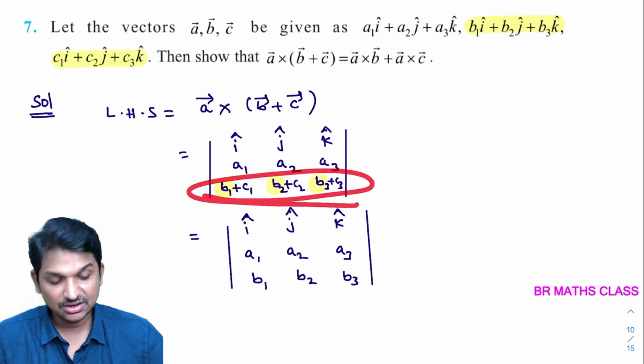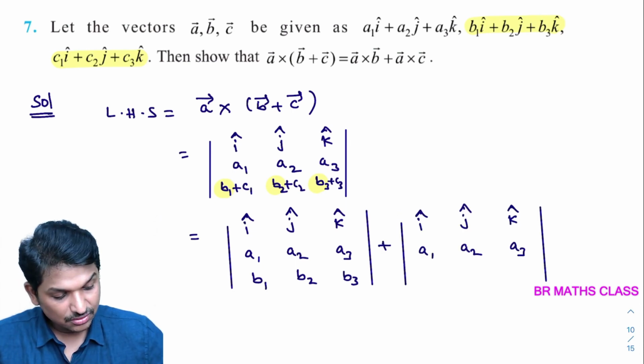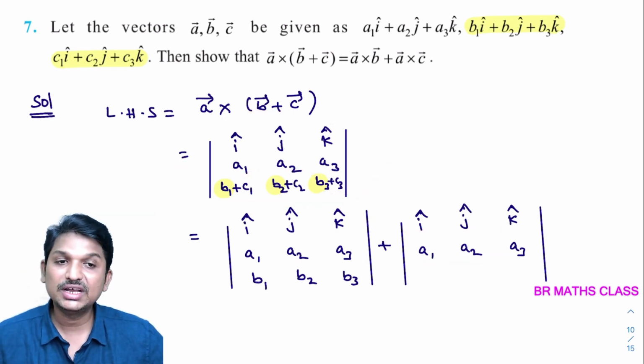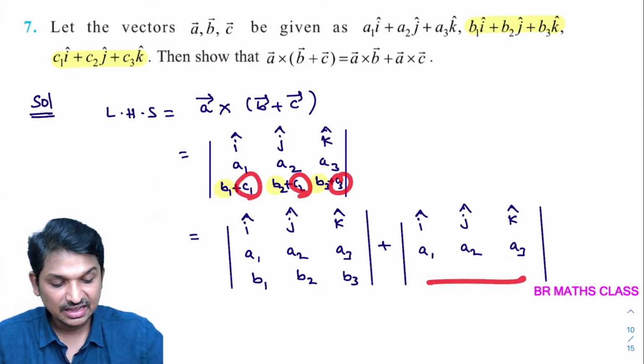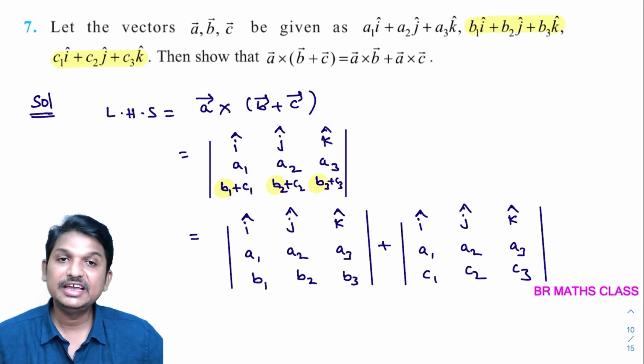Plus the determinant of i cap, j cap, k cap, A1, A2, A3, and from the properties of determinants, C1, C2, C3.